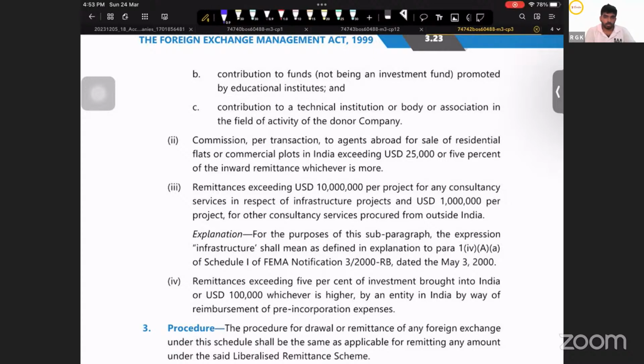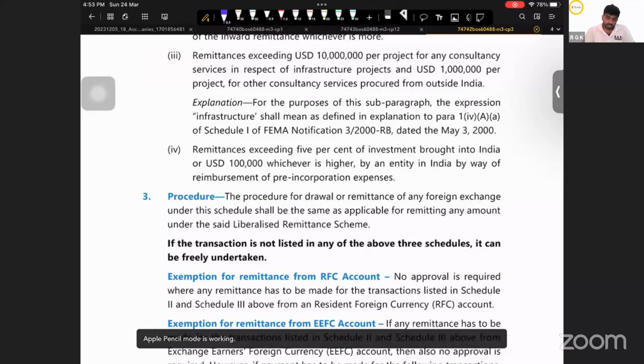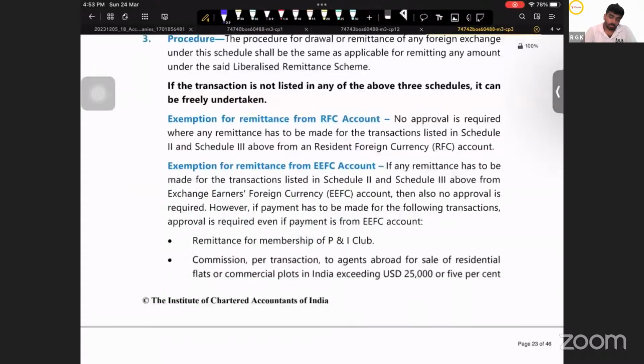Then, if remittance exceeds 5% of investment brought into India or $1 lakh, whichever is higher, by an Indian entity by way of reimbursement of incorporation expenses, then also you should be drawing foreign exchange with the permission of RBI only. These are the special conditions in case of special transactions for persons other than individuals.